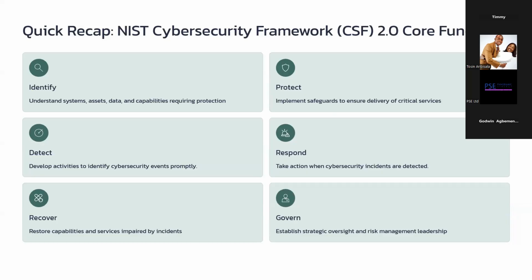Then we have the detect. This is where we develop activities to identify potential cybersecurity events and threats that may affect our systems. Then we also have the recover, how best we can recover or restore the full services or capabilities of that particular system that we are working with.